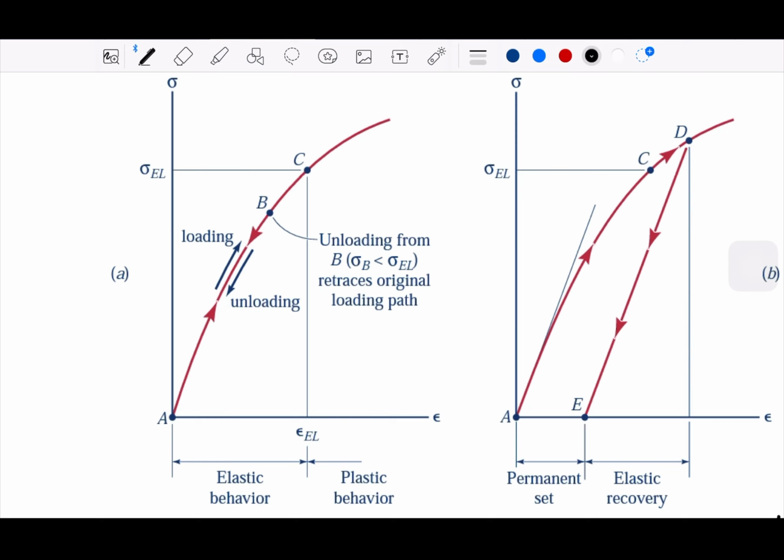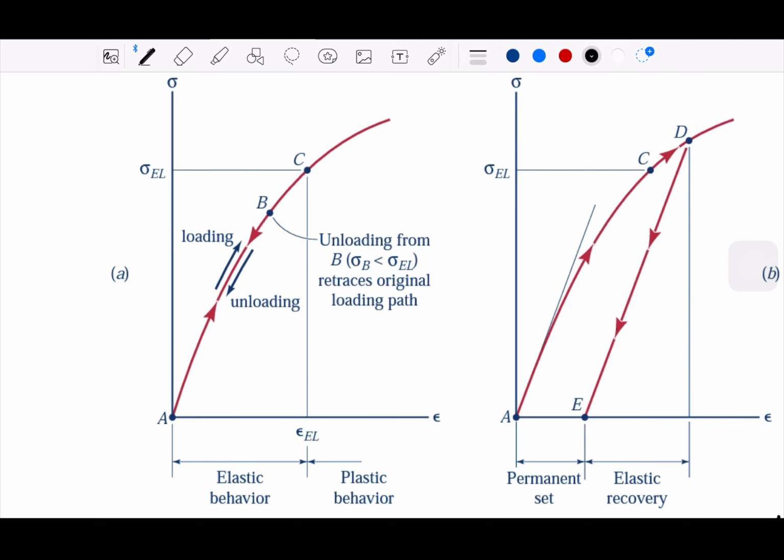Elastic behavior is if we push or give force. If we load, it goes up, maybe until before C, or up until B, and then we unload.